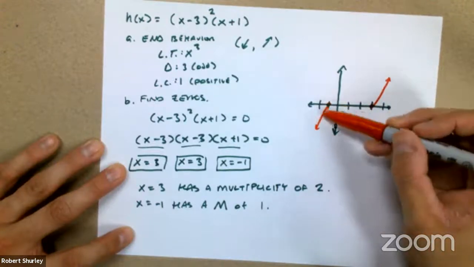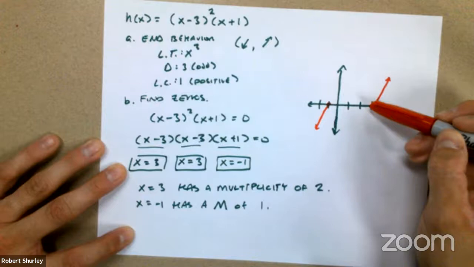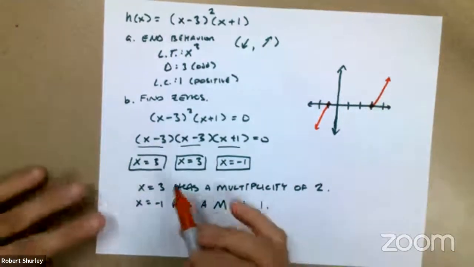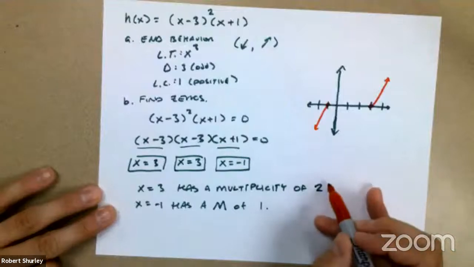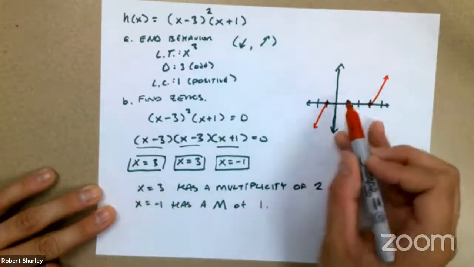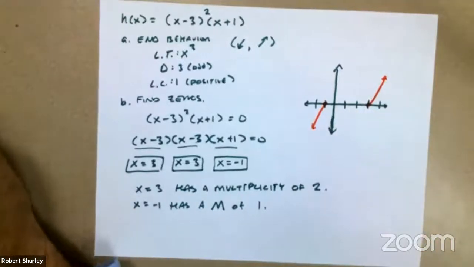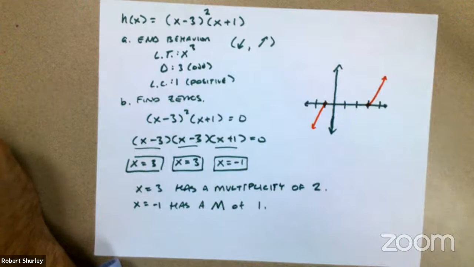But it's got to go down over here and up. So what that means is it actually bounces. If the multiplicity is even, so it's even at x equals 3 here, it's going to bounce off the x-axis. Now, your book uses the terminology, let me get this right, is it turn around or something?